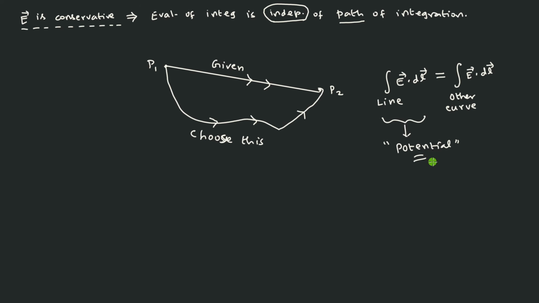This is something you have to think carefully about, because when you change the path, like this is the straight line path that you have, and this is a curved path. If you think in terms of daily life, then this will not happen. Suppose you take a two-wheeler and travel along the straight line, 10 kilometers, and you reach point P2.